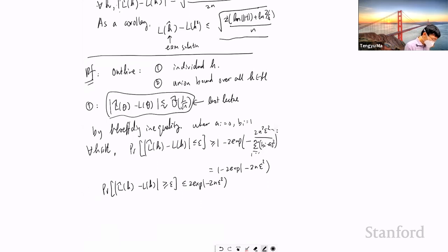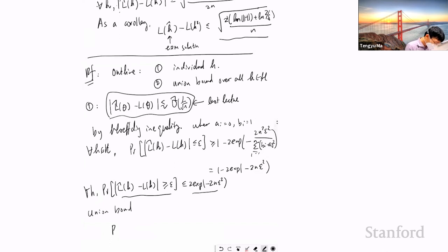Now this is for every h you have this. So basically for every h you have some kind of failure event, and this event happens with a small probability. Now let's recall the so-called union bound.